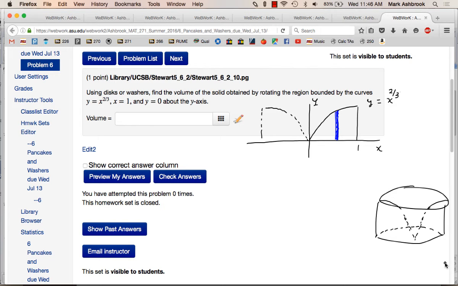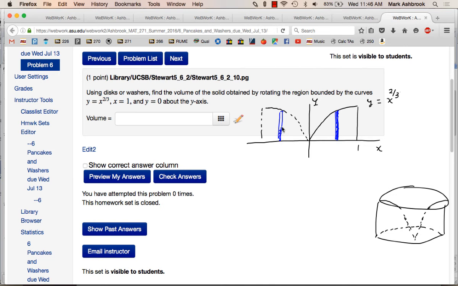And then to figure out how we're going to calculate that volume, we start with a typical strip, and we do the same thing with a typical strip that we do with the whole region, right? We rotate it about the y-axis. So we're going to take that thing, and we're going to rotate that around the y-axis. And at 180 degrees, it's going to look like this.